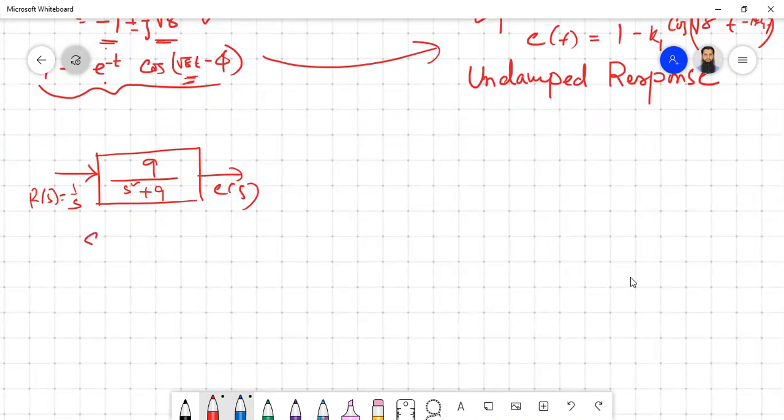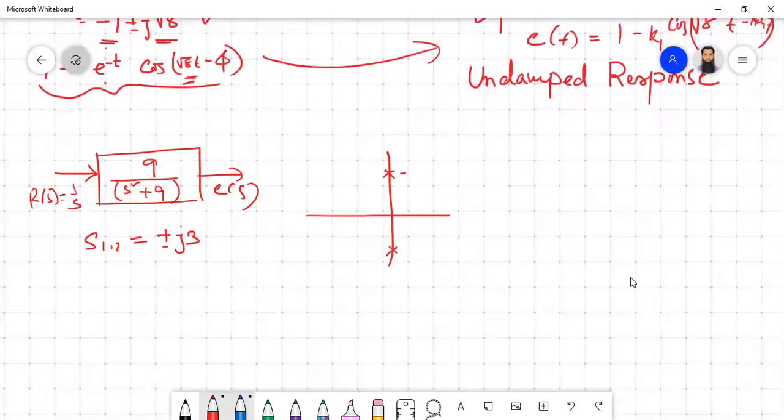Now s1, s2, which will definitely come from this one, s squared is equal to -9, so s is plus or minus j3. If you plot in the s plane, you have one here and another here: plus j3 and minus j3.